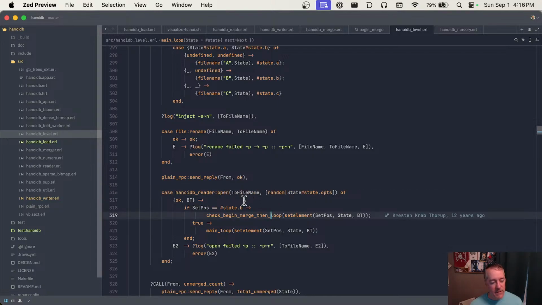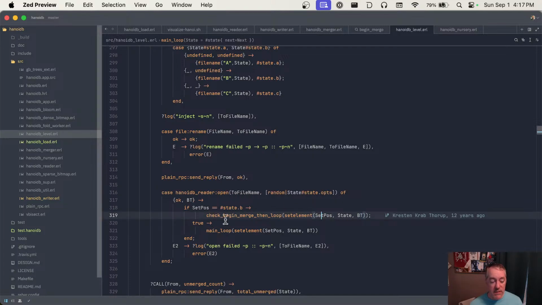But if it is, oh, okay, that's random reads. Right. If this is the B file, then it's like, check, do we need to merge? And the set element here is updating the state with, this is the file that we opened.